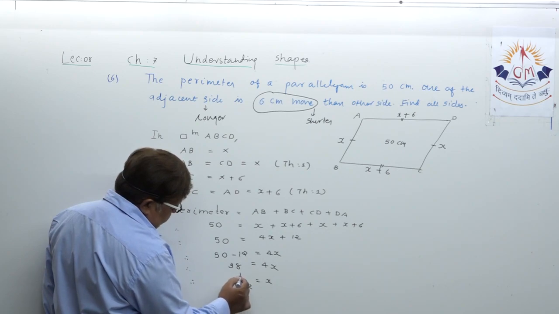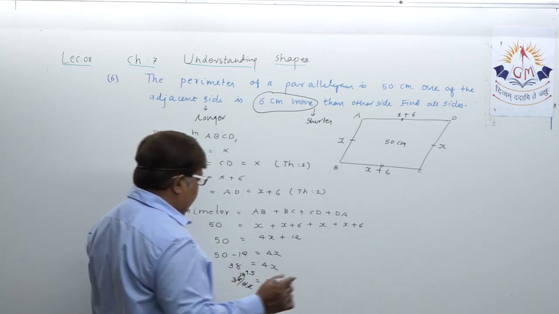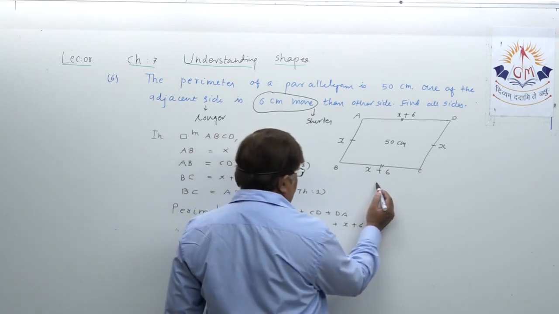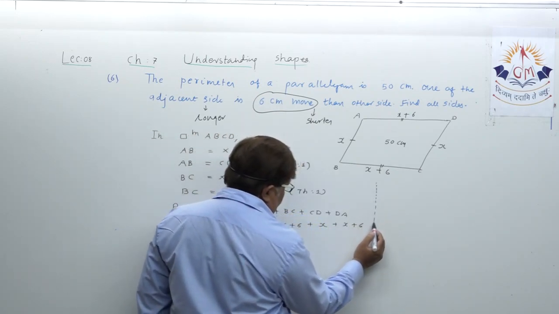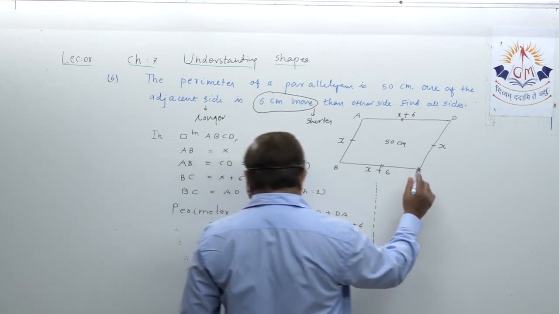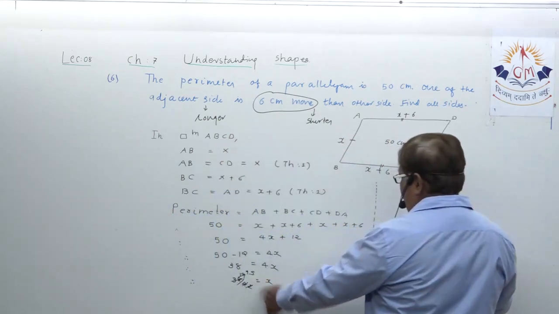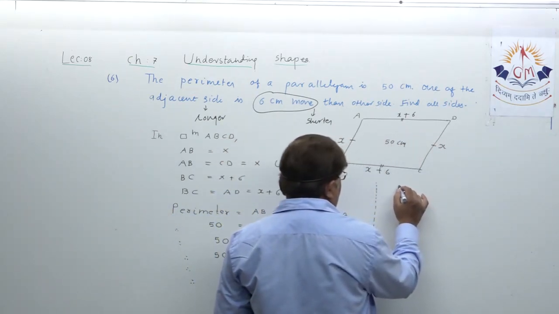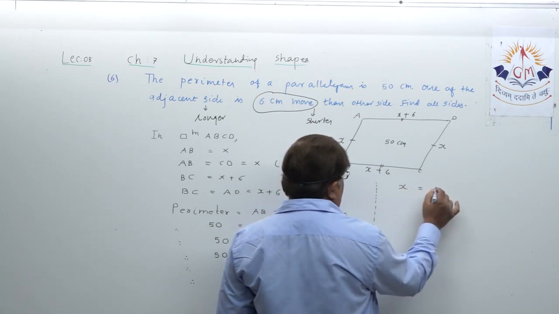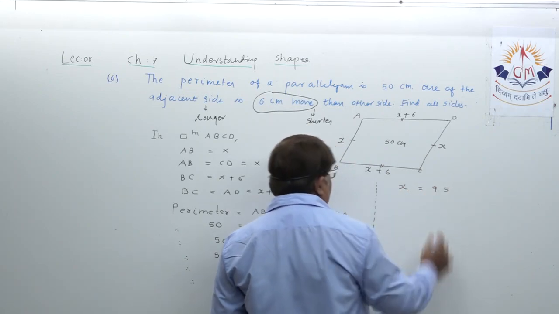2 2s are 4, 19, 9.5, because we got the value of x as 9.5.